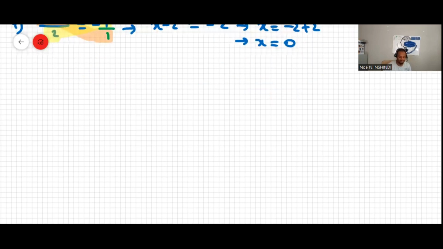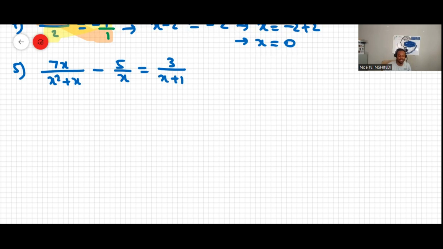And then question 5, I will write the question. 7x over x squared plus x, and then minus 5 over x equal 3 over x plus 1. Now, to solve this, we are first going to factorize. This will be at the denominator, I can take x as a common factor, okay?